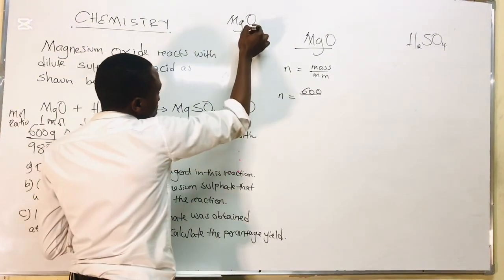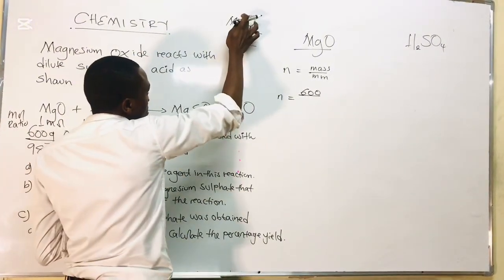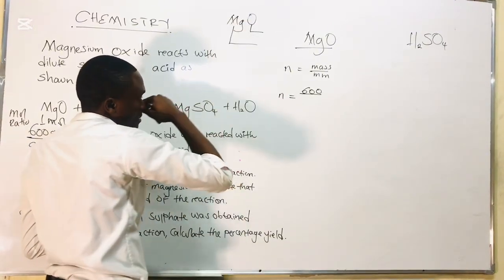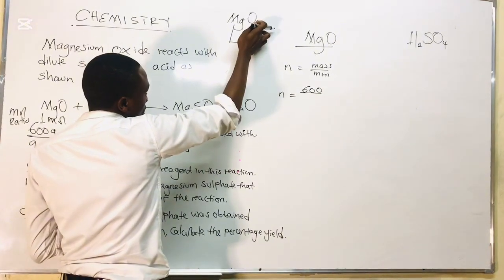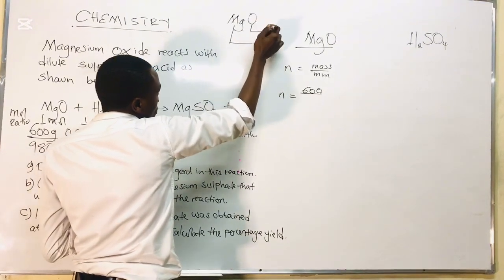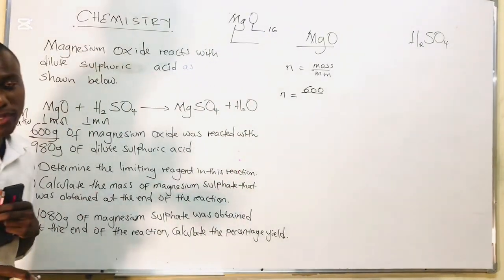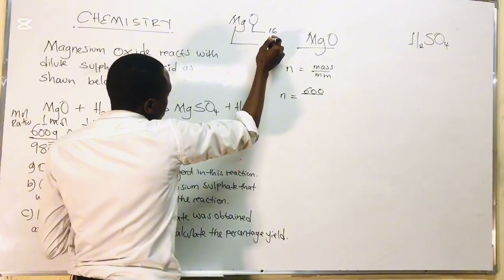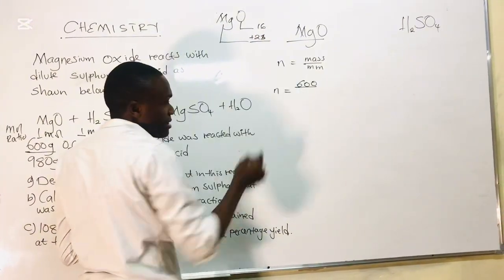So how do we find the molar mass? Oxygen, there's 16. If you go to the periodic table, there's 16 on top there. When you say 16 times 1, you get 16.